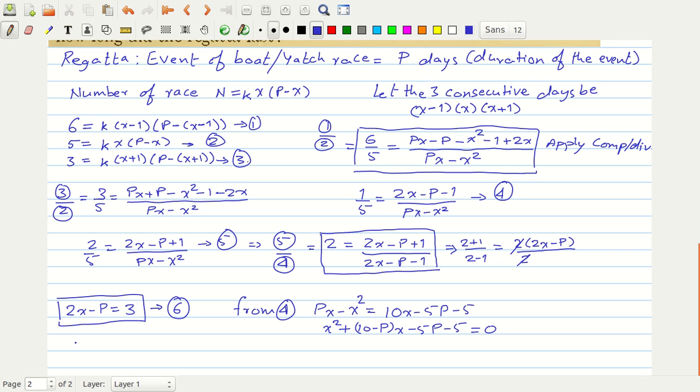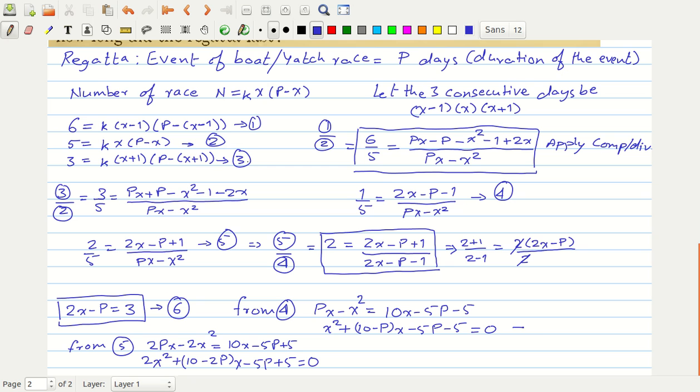Similarly, from equation number 5, we get 2px minus 2x square is equal to 10x minus 5p plus 5, or 2x square plus 10 minus 2p x minus 5p plus 5 is equal to 0.